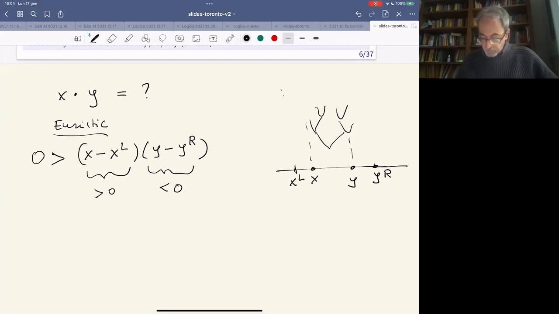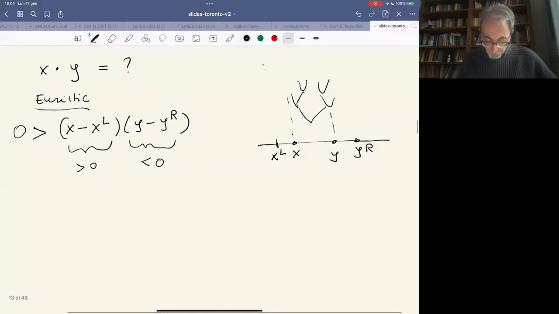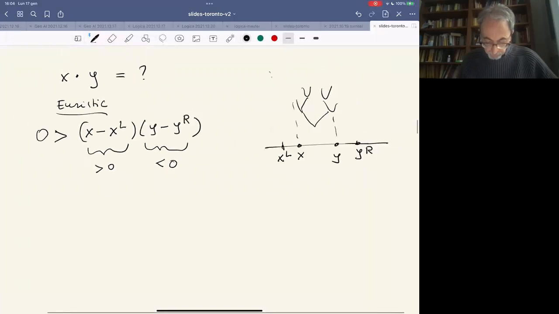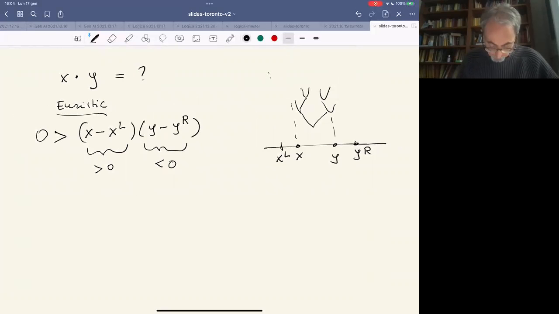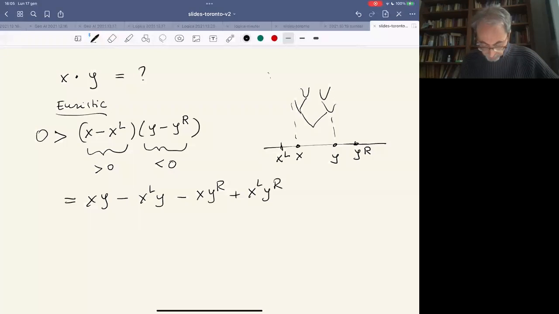Now, eventually, if things work well, this should be equal to xy minus xly minus xyr by distributivity plus xlyr.